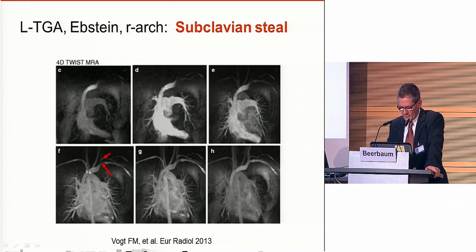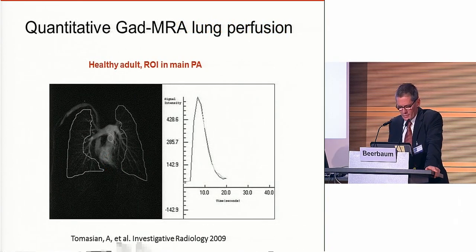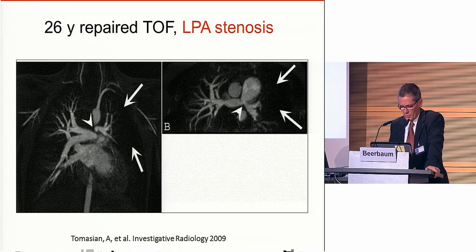It does trace, but only after the whole thing has passed through the vertebral artery, suggesting blockage of the proximal left subclavian artery. Now, it's very tempting to use that methodology to get actually 3D information on signal intensity over time, as we can see here from a paper from Tomasian in 2009. And actually, that's the first step towards quantification of peripheral pulmonary artery perfusion.